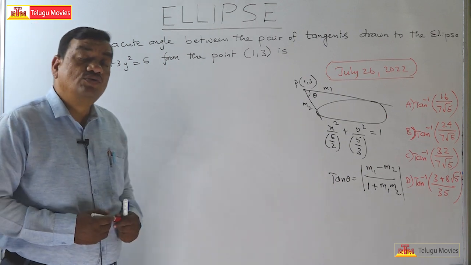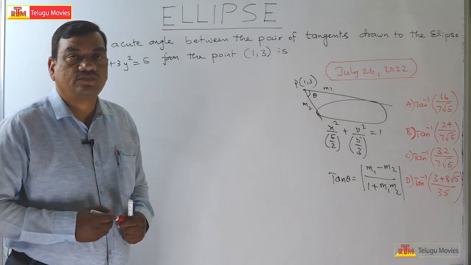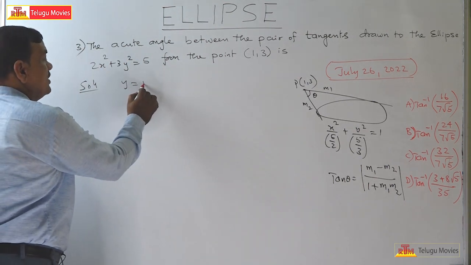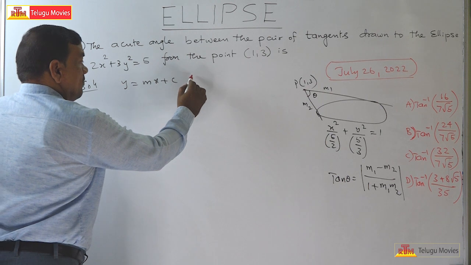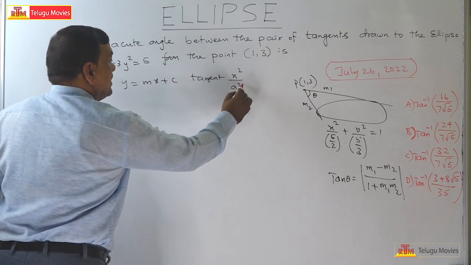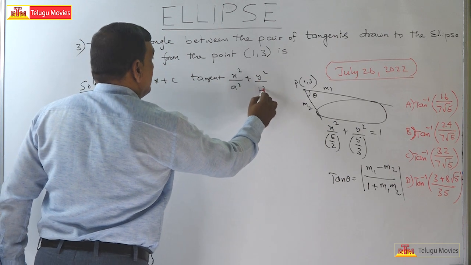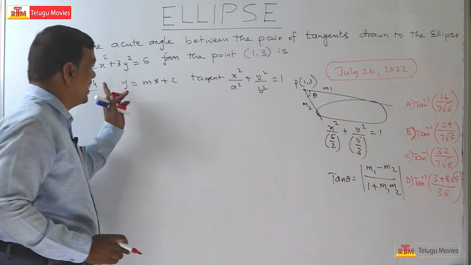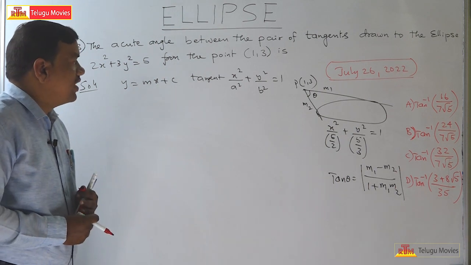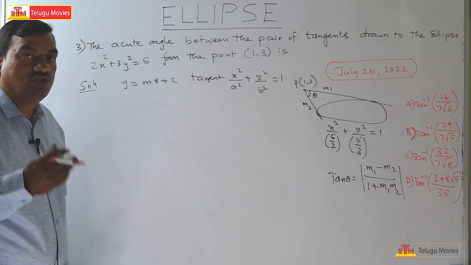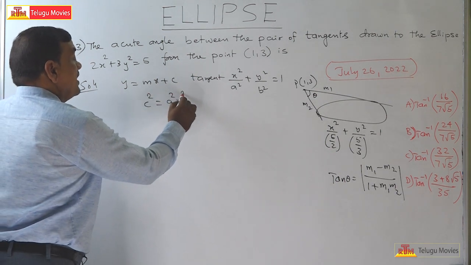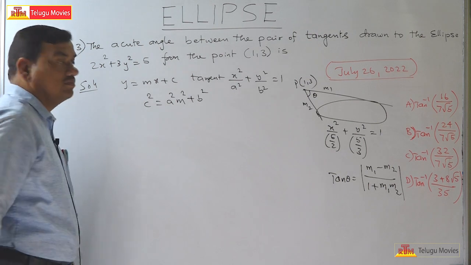For that, we use the tangent condition. What is the tangent condition? The line y = mx + c will be a tangent to the ellipse x²/a² + y²/b² = 1 if and only if c² = a²m² + b².